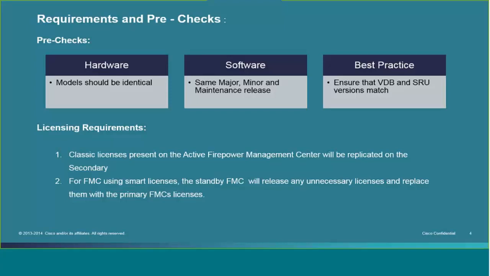Moving on to smart licenses, at any point of time, there is only one FMC which contacts the smart licensing satellite, as in the UUID of the active unit is tied to the smart license satellite, which means that when I'm switching over to the standby unit, the other FMC would contact the smart licensing satellite and get the licenses for all the devices.